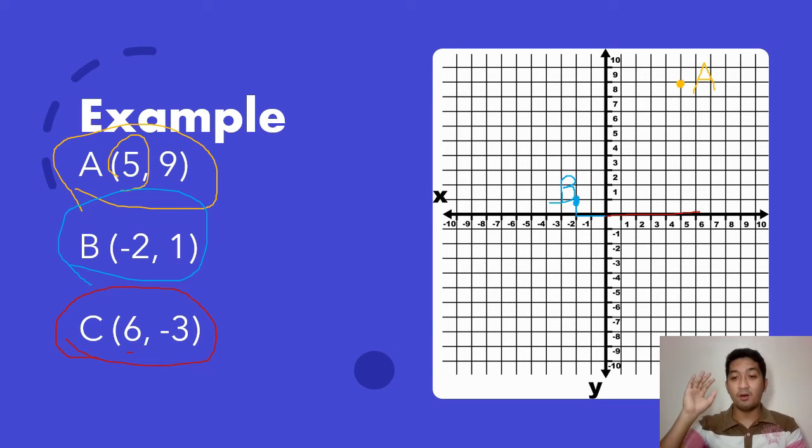Baba po siya kasi negative. 1, 2, and then 3. So, ito po yung point C. That is how you plot a point of an ordered pair in the Cartesian plane.